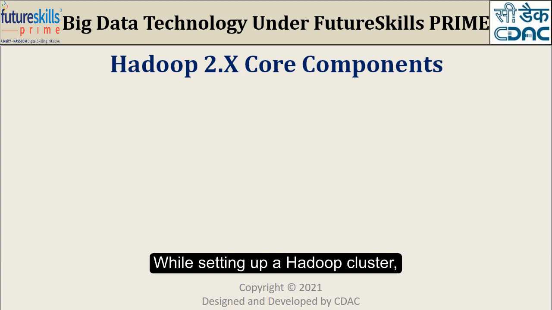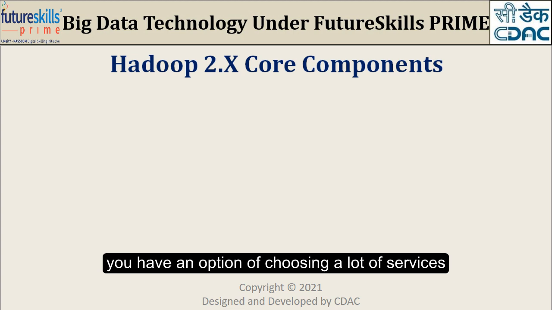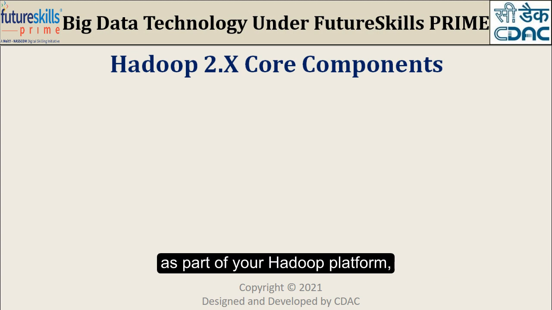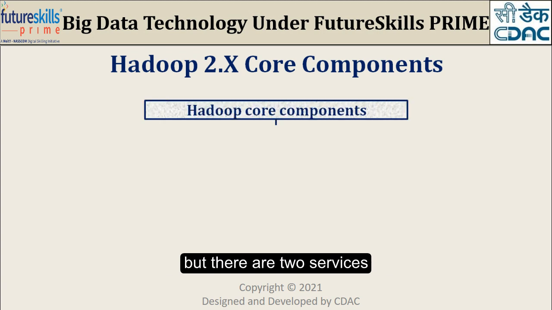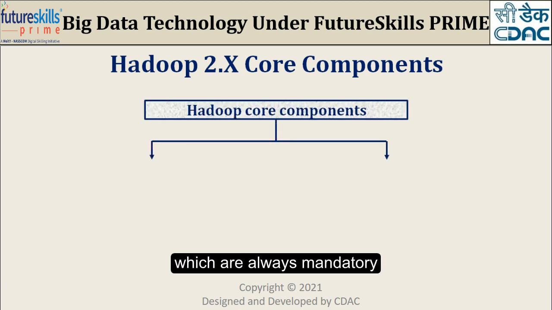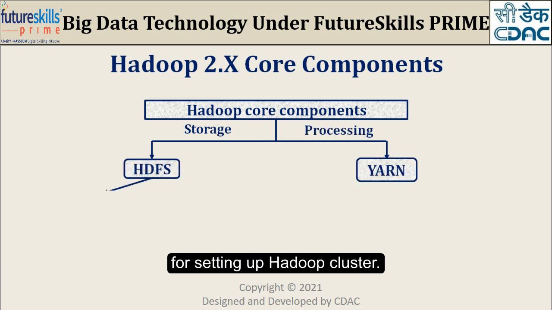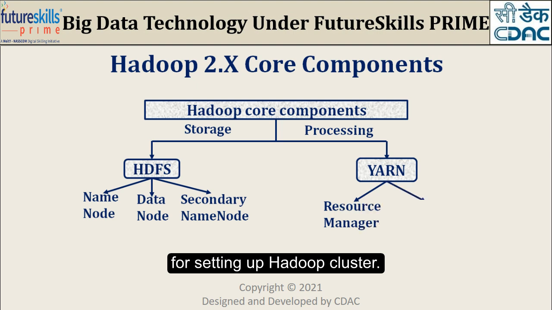While setting up a Hadoop cluster, you have an option of choosing a lot of services as part of your Hadoop platform. But there are two services which are always mandatory for setting up a Hadoop cluster.